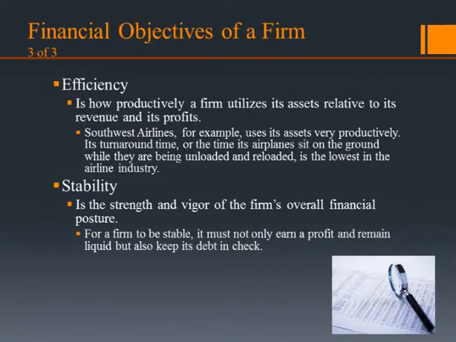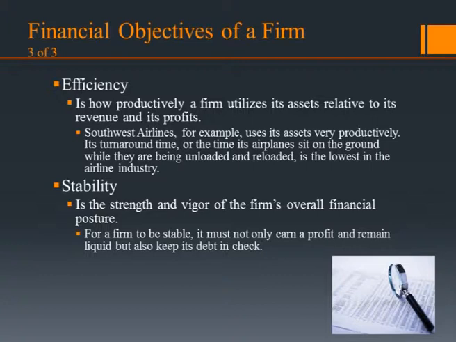The third objective, efficiency, is more on how productively a firm utilizes its asset relative to its revenue and its profit. Southwest Airlines, for example, use its asset very productively. Its turnaround time, or the time its airplanes sit on the ground while they are being unloaded and reloaded, is the lowest in the airline industry.